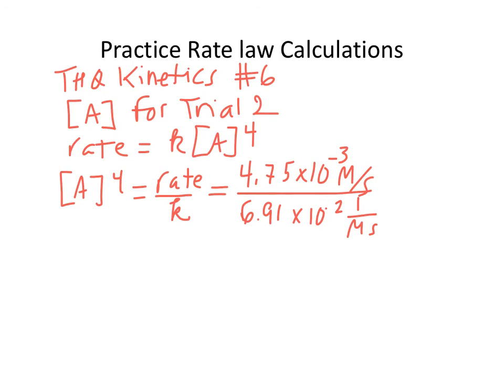And again, that's A to the 4th. And if you take the fourth root of that, you end up with 5.12 times 10 to the minus 1. Concentration must be molar. So that would fill in the second blank on the chart for concentration of A in trial 2.